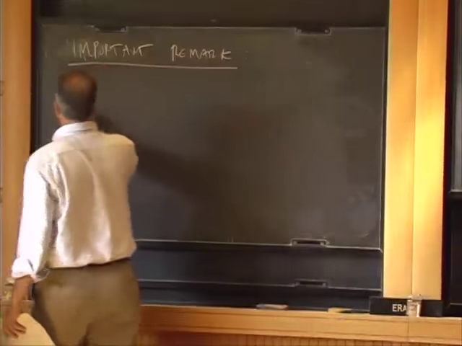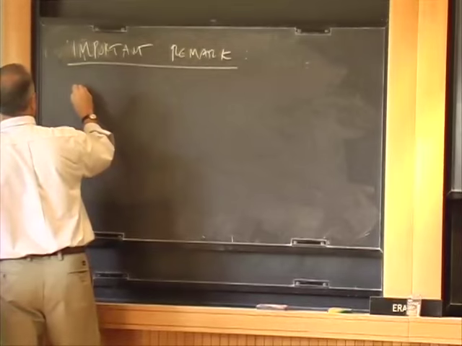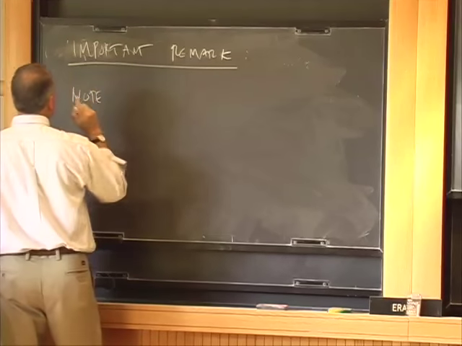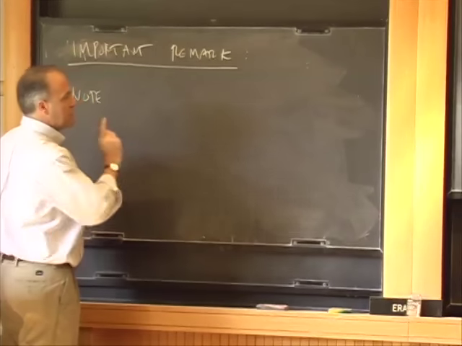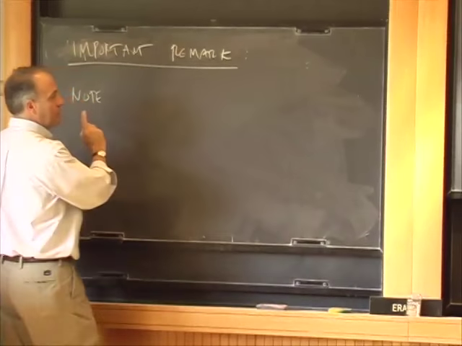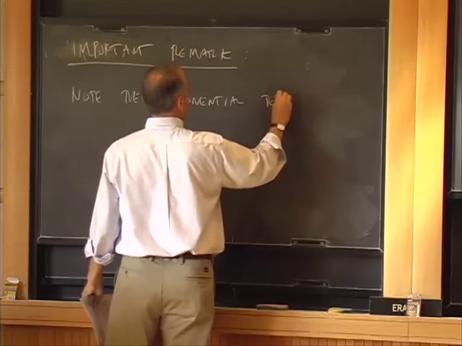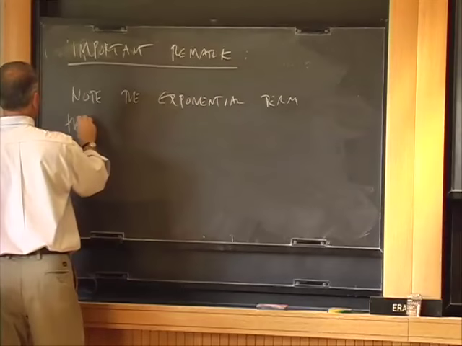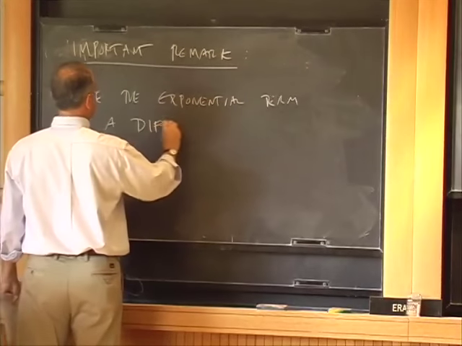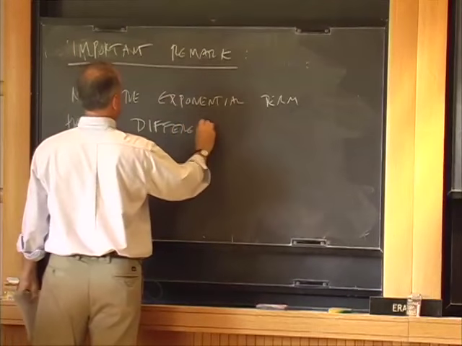Okay, so let me see. No, it's not quite that easy, but I'll explain what I mean in a minute. But I just wanted to point out that the exponential term is definitely different, and for a couple good reasons. So note the exponential term has a different sign from the exponential term in star plus, the equation we talked about up till now.